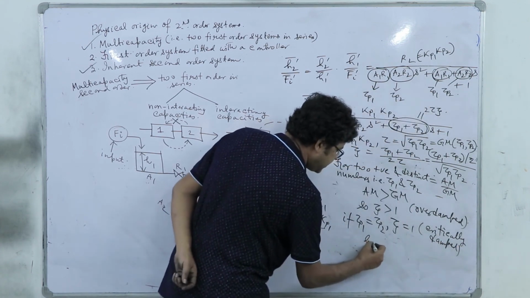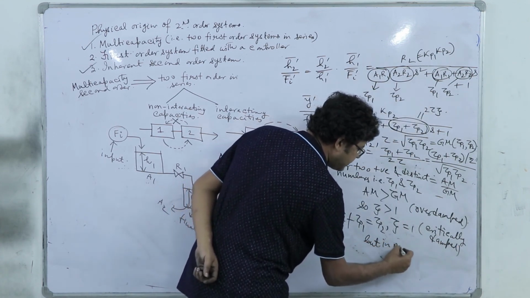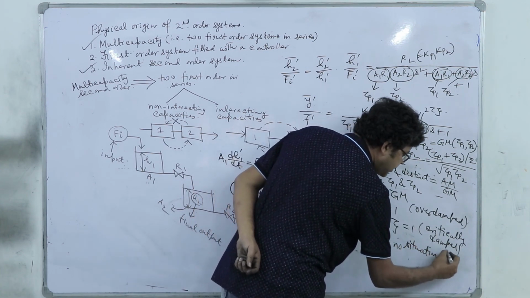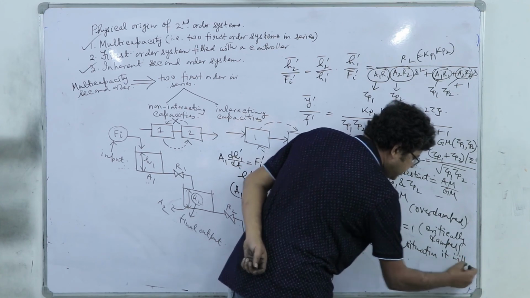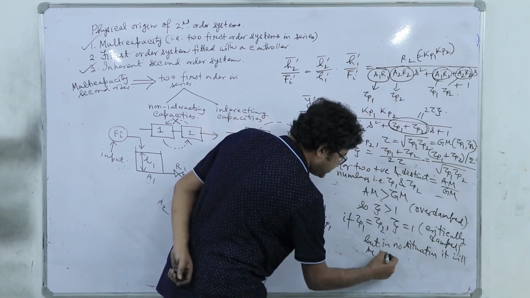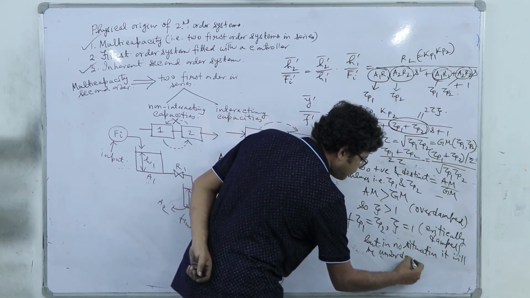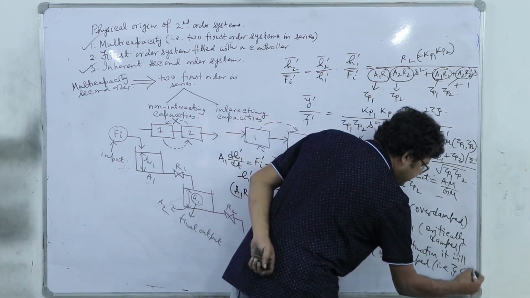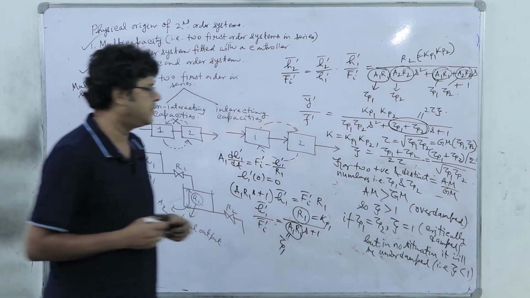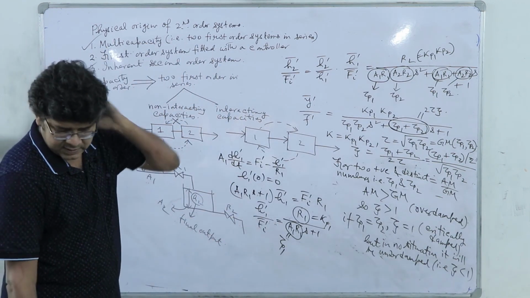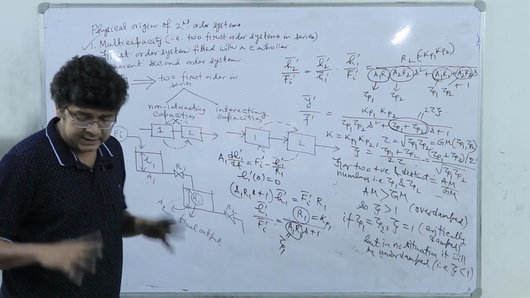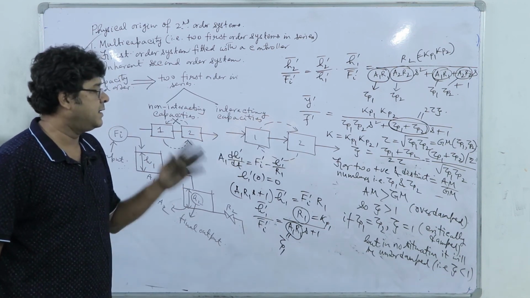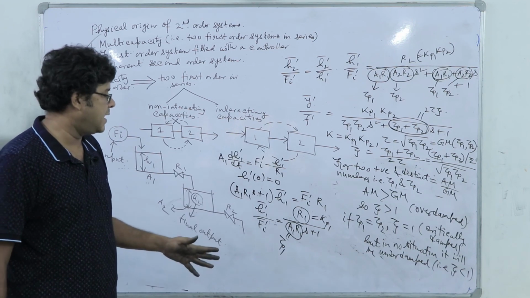But in no situation will it be underdamped, that is zeta less than 1. In no situation. So, overdamped non-interacting multi-capacity can never be an underdamped system.